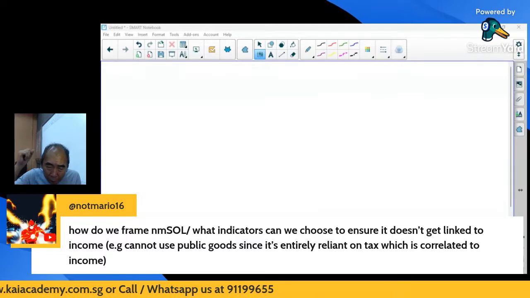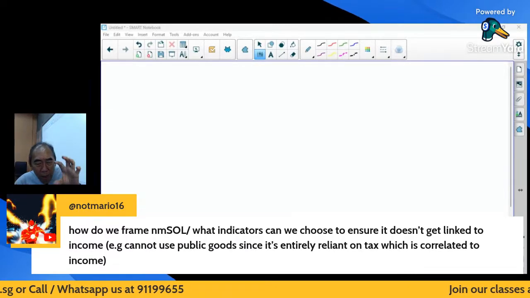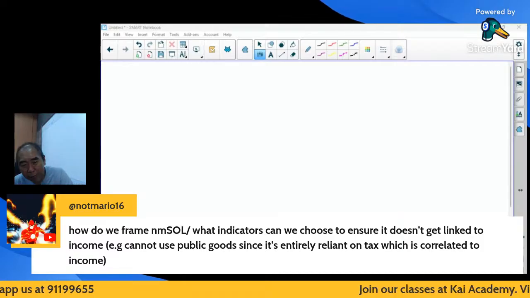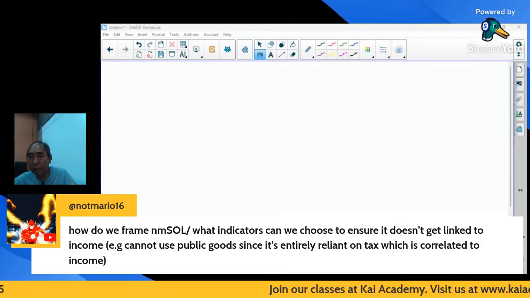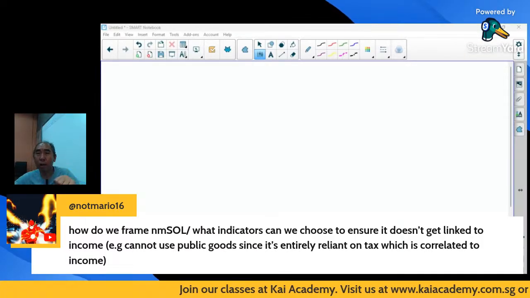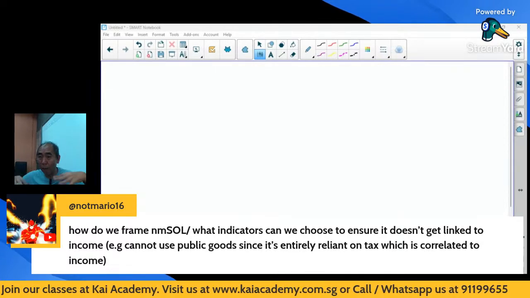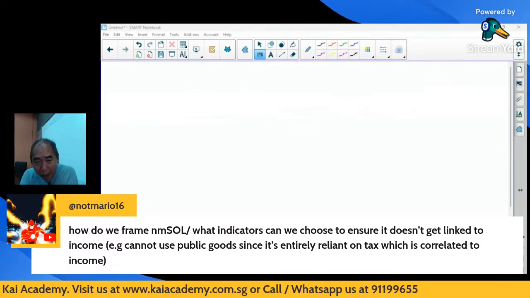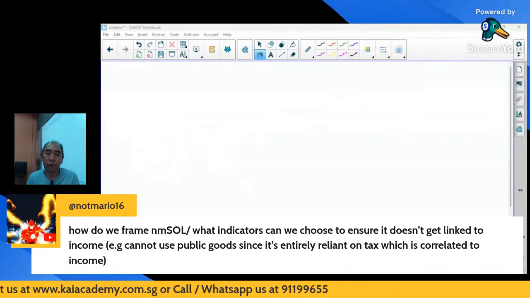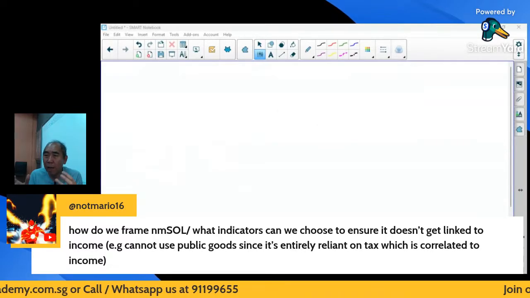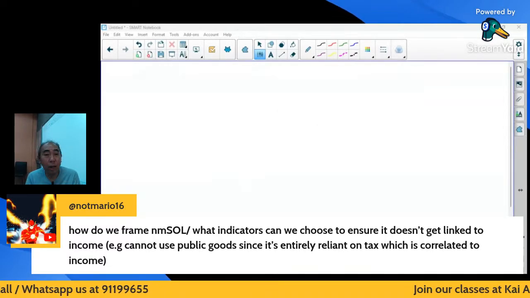you don't have to avoid talking about NMSOL in connection with economic performance, because one of the things that we will argue in some of the exam questions is how economic performance can enhance NMSOL too. With economic performance, the government of a country gets to collect more taxes.